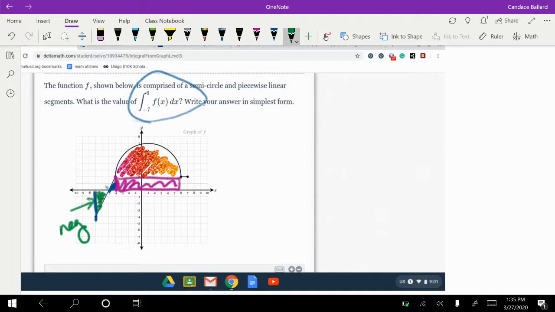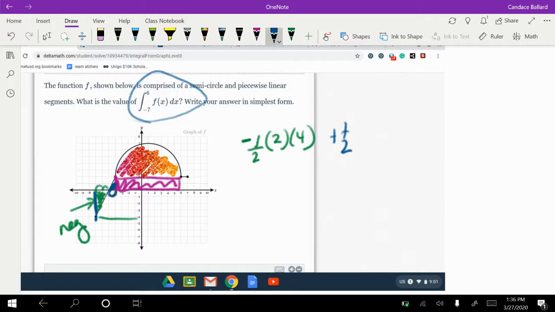So my green one here, it looks like it's got a base of 2. So triangle area is 1/2 the base times the height, which it looks like the height is 4. And the whole thing's going to turn out to be negative. And then the little blue one. The blue one right there looks like I've got a triangle again, so plus 1/2.